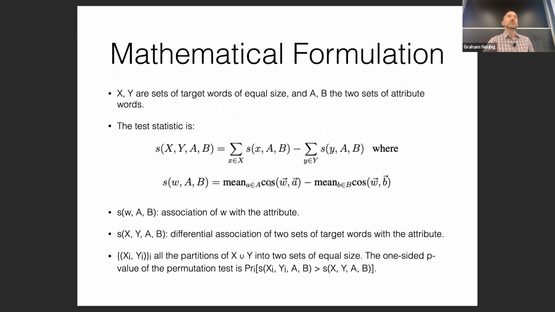Basically, we look at the cosine similarity of the input to A and the input to B. If there's no difference between these two, then there's no differentiation between the target words with respect to the attribute words. Then we do a statistical test to check that there is no significant difference between the two groups.